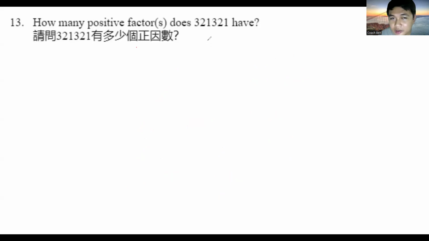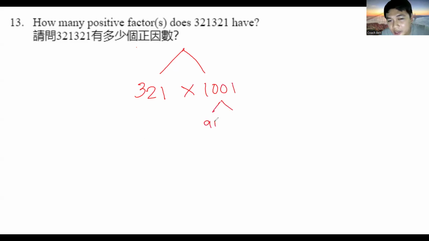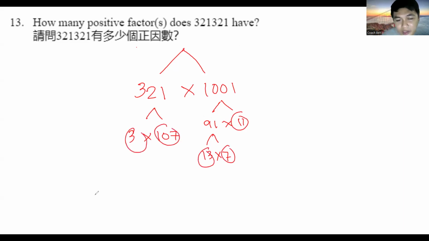As it repeats 321, this gives us a clue that it is divisible by 321 times 1001. 1001 is 91 times 11, and 91 is 13 times 7. 321 is 3 times 107, and 107 is a prime number. We take the prime factors of each, and notice that if it's 3 times 7 times 11 times 13 times 107, they all have a hidden exponent of 1.